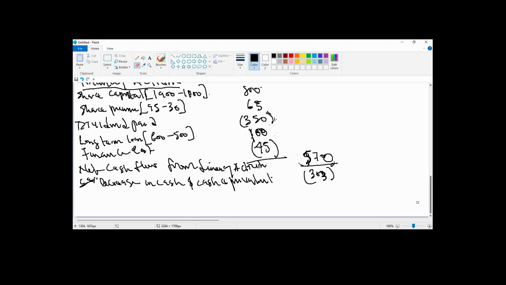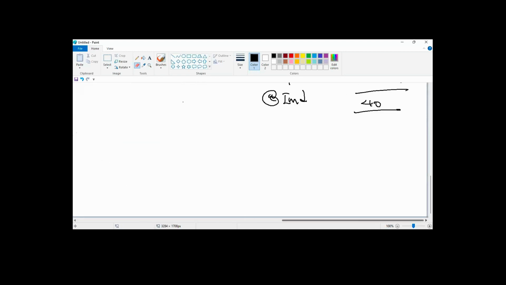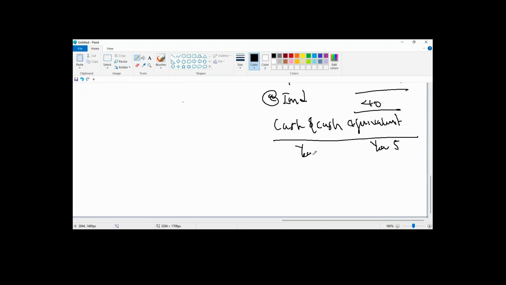Then I'll go and do the cash and cash equivalent at the beginning and at the end. What is the cash in year 5? 45.